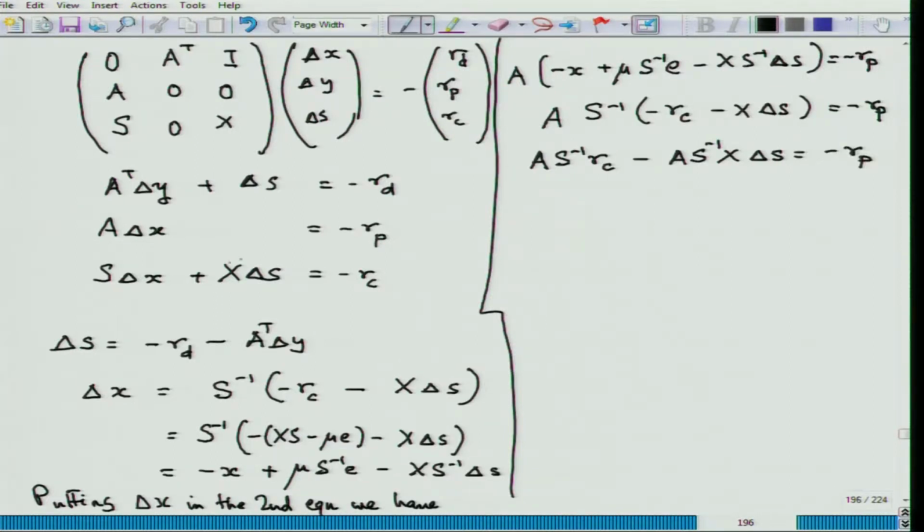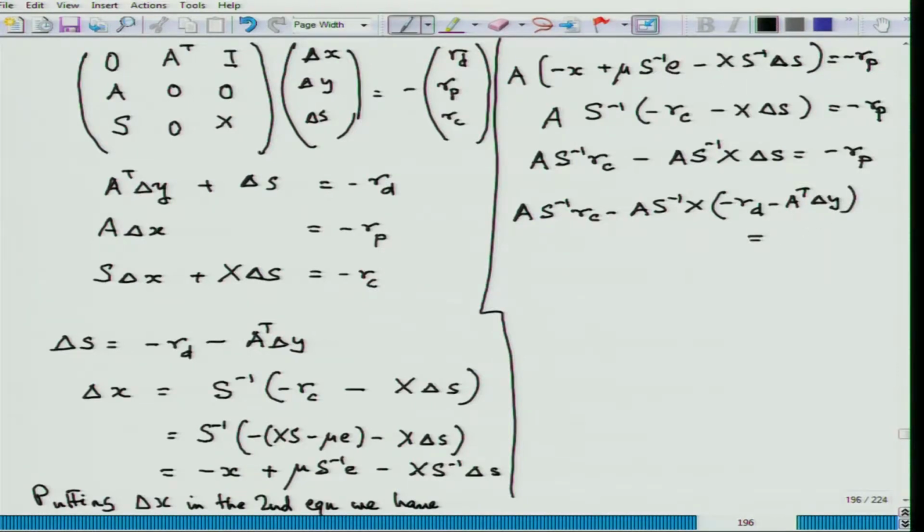Now, delta S you know from here. So, you can write A S inverse R C minus A S inverse x into delta S, which is minus R D minus A transpose delta y.